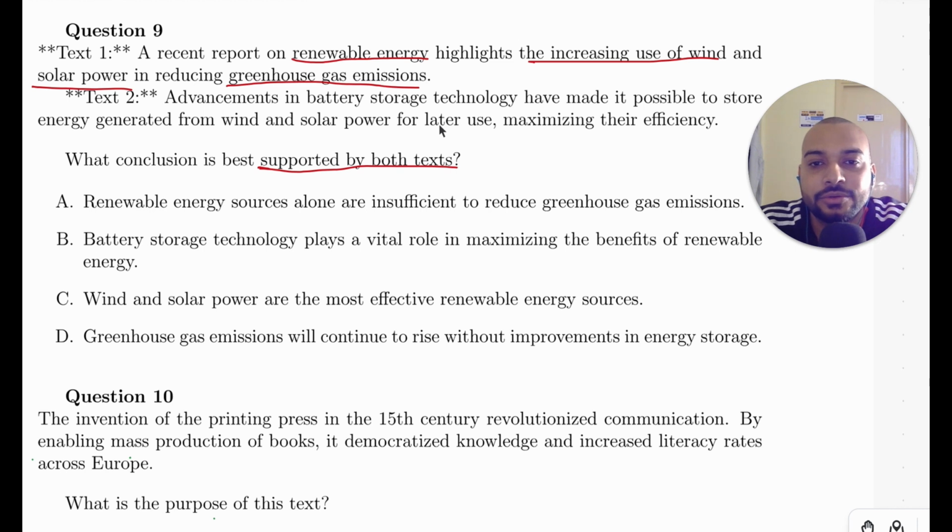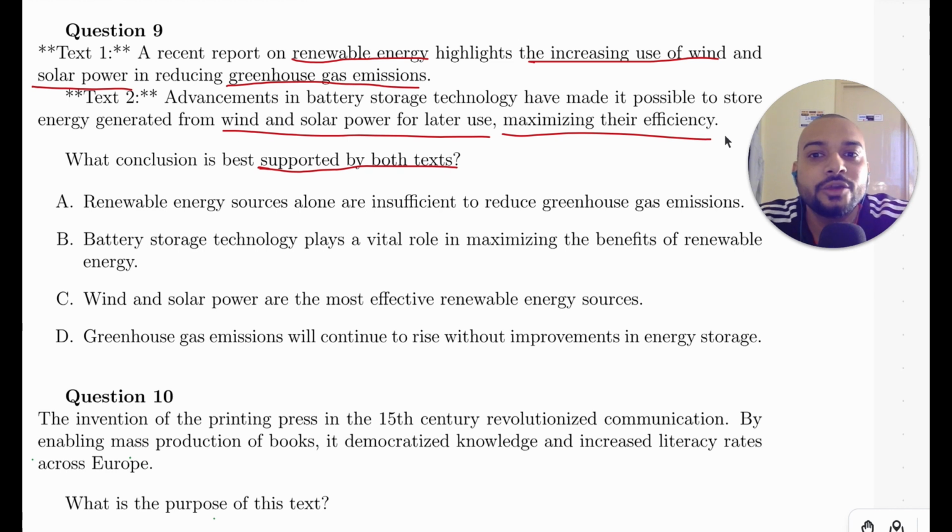Advancements in battery storage technology have made it possible to store energy generated from wind and solar power for later use, maximizing their efficiency. So text 1 highlights the increasing use of wind and solar power in reducing greenhouse gas emissions. So wind and solar power are good sources of energy to reduce emissions. And the second one says how wind and solar power can be stored and used at a later time so that the efficiency is high.